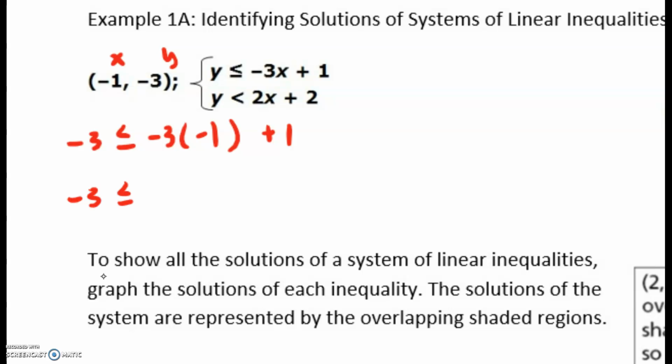Negative 3 less than or equal to negative 3 times negative 1 is 3, and then 3 plus 1 is 4. Okay, so we have negative 3 is less than or equal to 4. Is that true? Is negative 3 less than or equal to 4? Yes. So we know that the point fits the solution to the top inequality, but we have to check both for it to be a solution to the system.